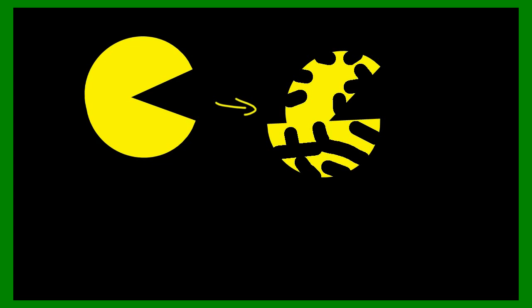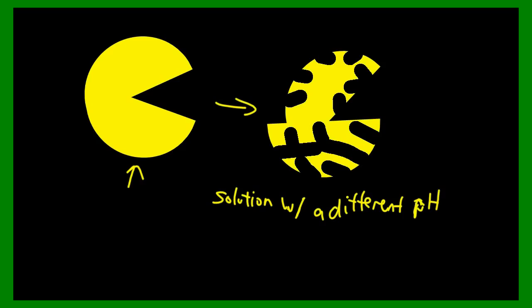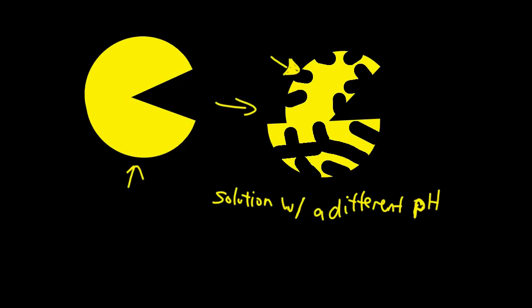This is an instance where this enzyme has been put in a new solution with a different pH. It could be acidic, it could be basic, but if the pH is different enough, it changes the shape of the enzyme. If you change the active site on an enzyme, it no longer binds to its proper substrate, and you get a problem. Three things can affect enzymes in terms of their function.